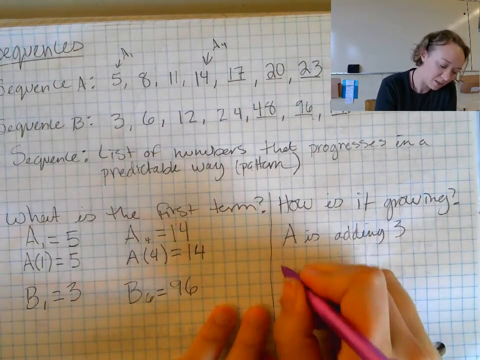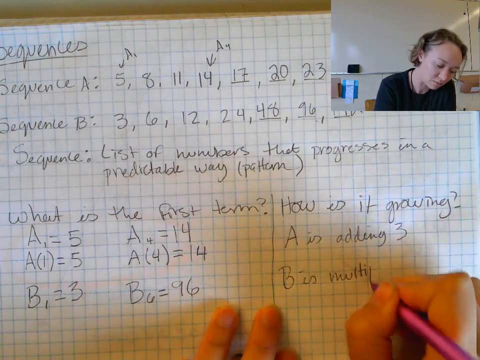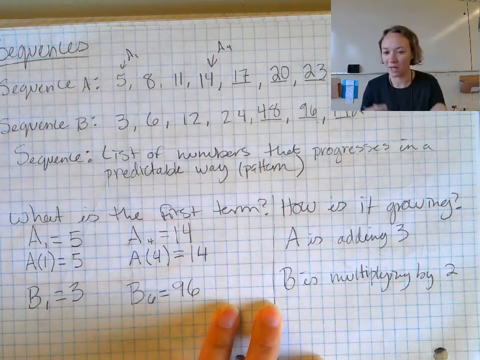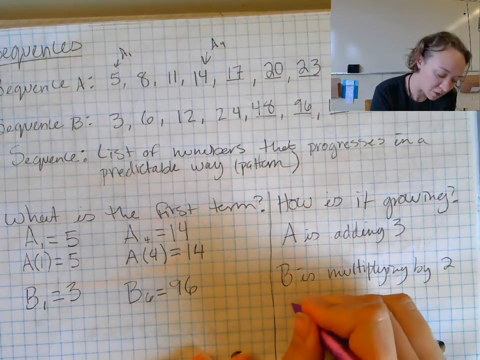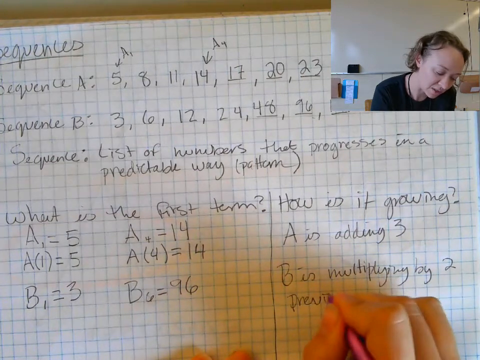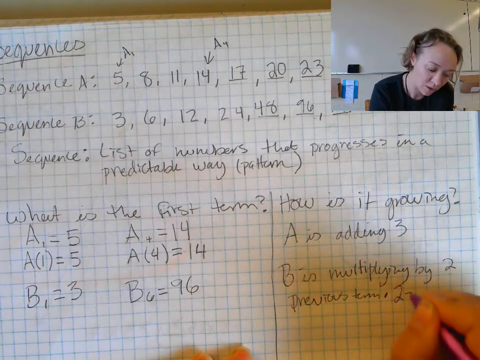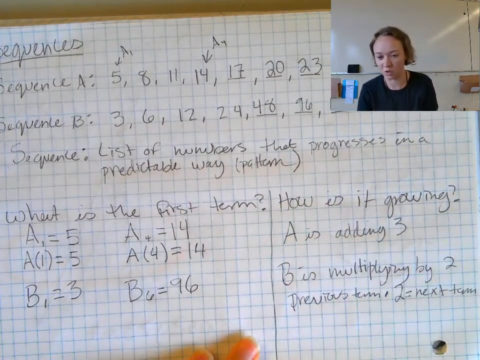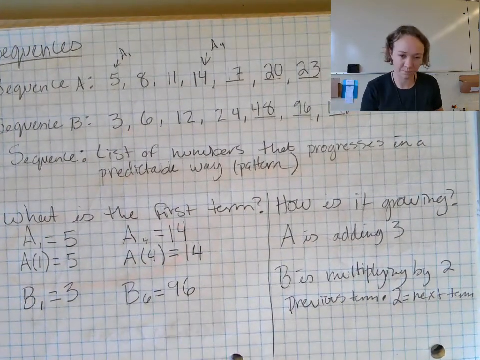And B is multiplying by 2. The way we're going to think about this is that you multiply the previous term. So the previous term times 2 equals the next term. And that's essentially what we're going to do when we write our rules in the next video.